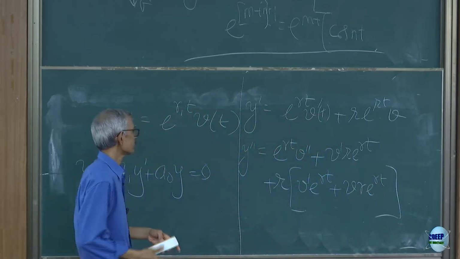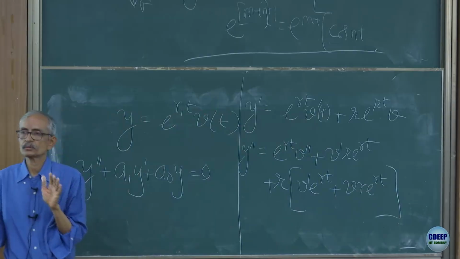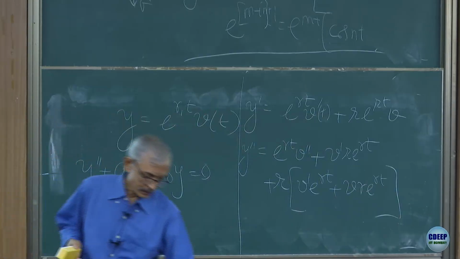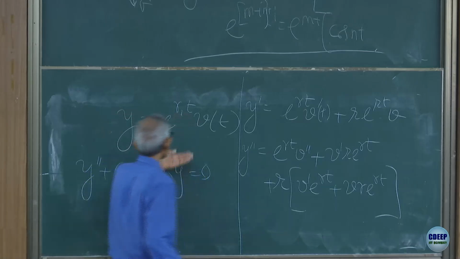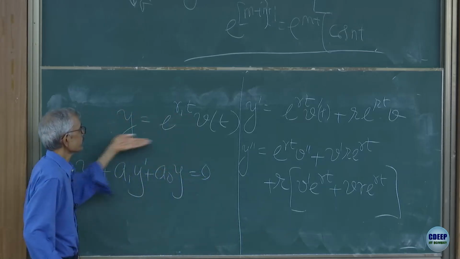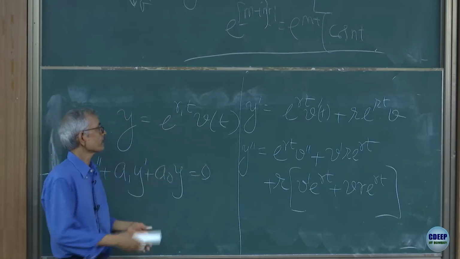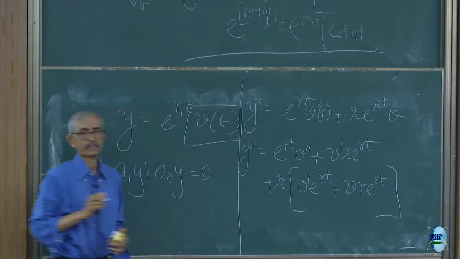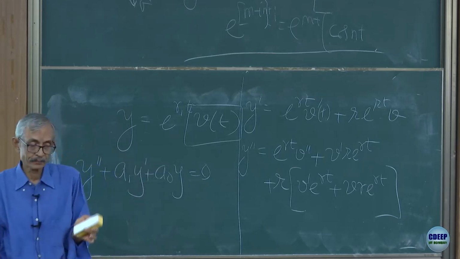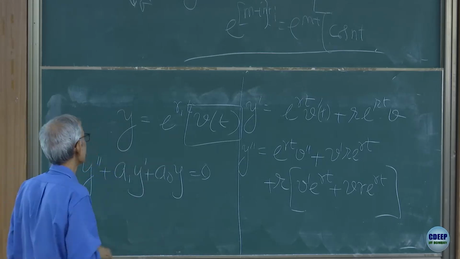Okay. So all that we have done is some amount of algebra, and we have just hypothesized that this is the solution, of course, provided I will be able to evaluate what this guy is. So that's a hypothesis that is being made.